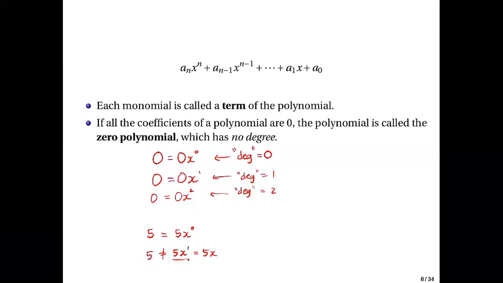And for other constants, negative 2 is negative 2x raised to 0. This is not the same as negative 2x raised to 1 or raised to 5, etc. So for non-zero constants, you can easily say that the degree is equal to 0. And of course, if the variable is present, then you can easily identify the degrees.